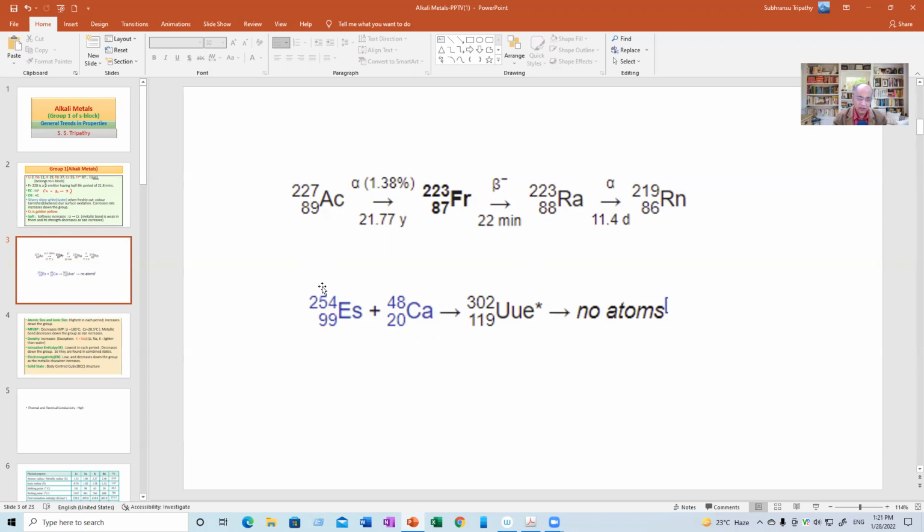When you bombard it with calcium in a synchrotron or super synchrotron device, this projectile will enter into the nucleus of einsteinium, and that will produce the new element, so-called element 119, but it has not been found to be stable, could not be isolated.